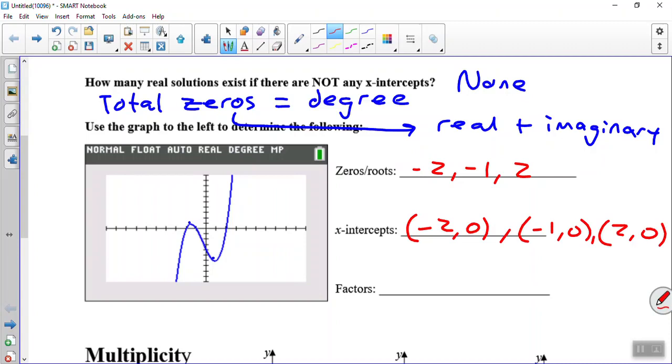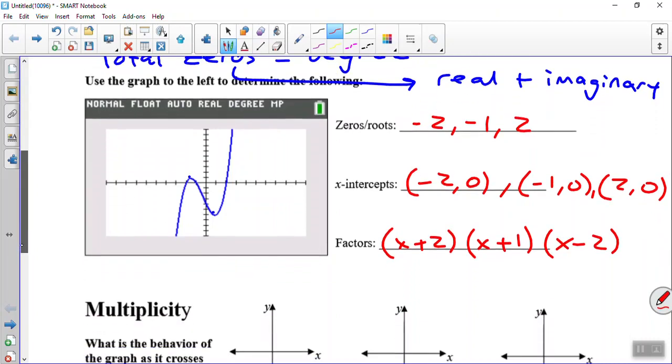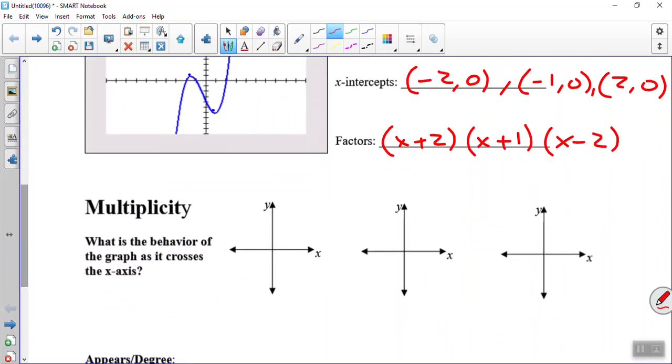If -2 is a solution, that means a factor is x plus 2. -1 is a solution, the factor is x plus 1. 2 is a solution, the factor is x minus 2. Hopefully that's a review from quadratics, but it's important for any polynomial, which includes quadratics, to be able to do that so we can go back and forth between the function and the graph and all the other characteristics. What we want to add to this is the concept of multiplicity.